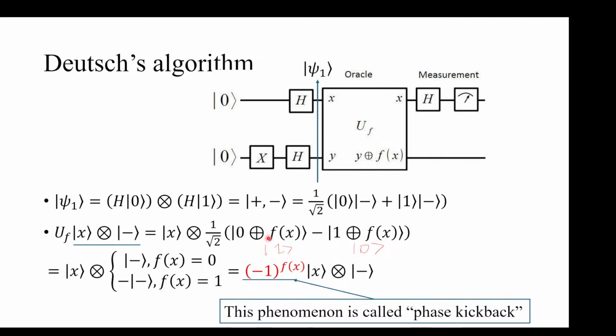Okay. And yeah, with this phase kickback calculation, now we can think about what happens when you apply the oracle on your psi 1. So you apply your oracle Uf on psi 1, which is the 0 minus and the 1 minus state. And now you see why we want to write it in this form, because 0 minus is like x tensor minus with x equal to 0, and 1 minus is like x tensor minus with x equal to 1.